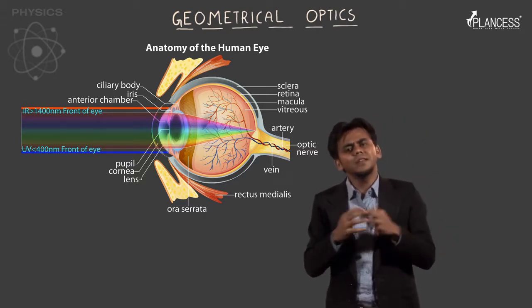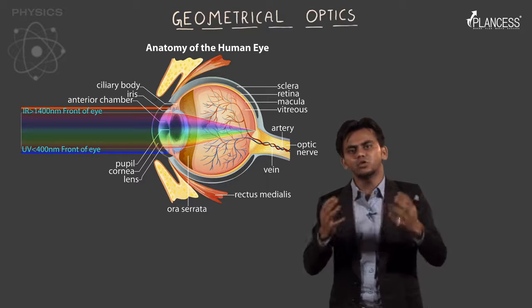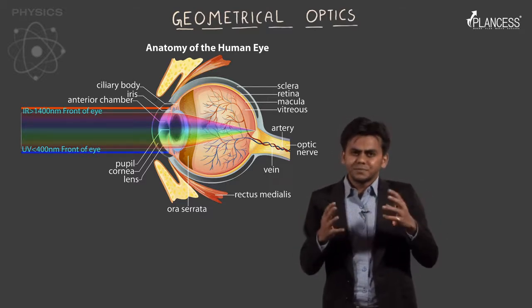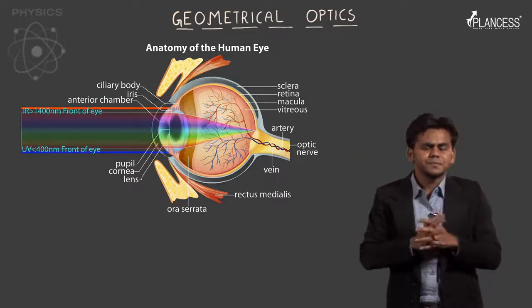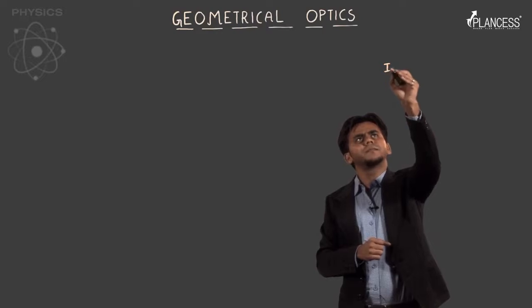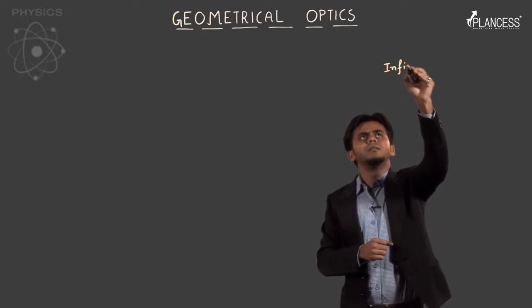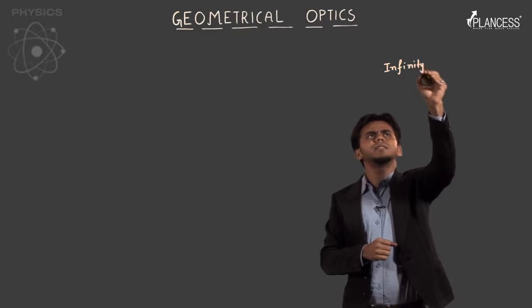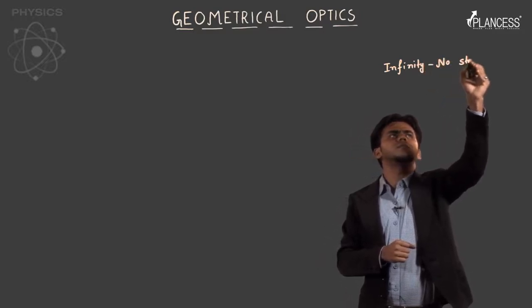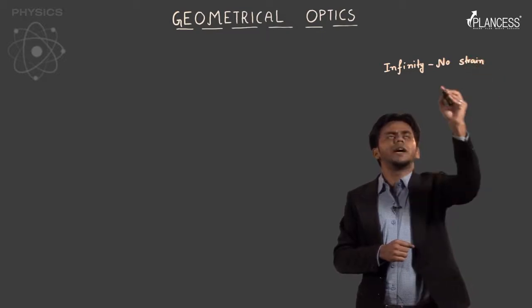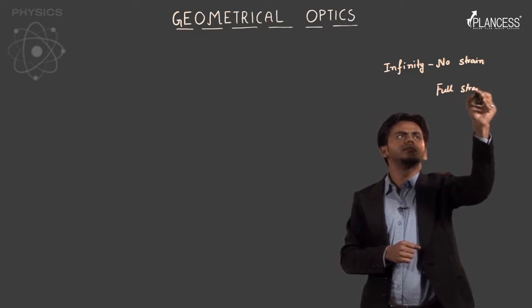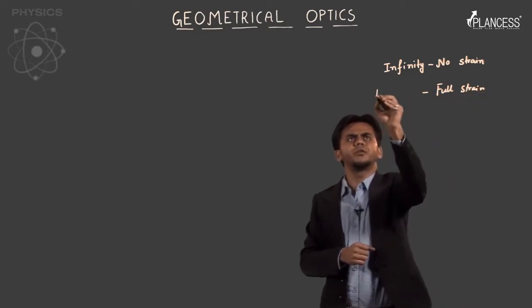Now, the ciliary muscles have a limitation. They cannot reduce the focal length to a very low value. So I have a range. I can see objects from infinity very well, because this is like no strain on the ciliary muscles. And when you have full strain, this is known as the near point.